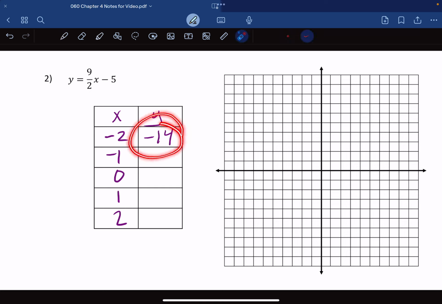That is too big for my grid here because my grid only goes to 10. If you have graph paper, you can make your grid as big as you want. This isn't actual graph paper. If I had used graph paper, I could draw my lines wherever I wanted, but I didn't do that, unfortunately.